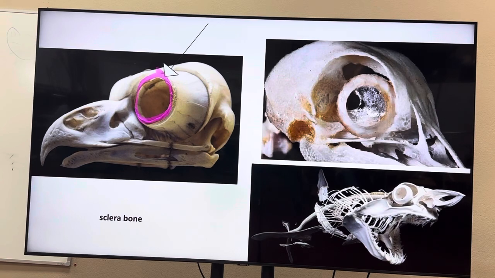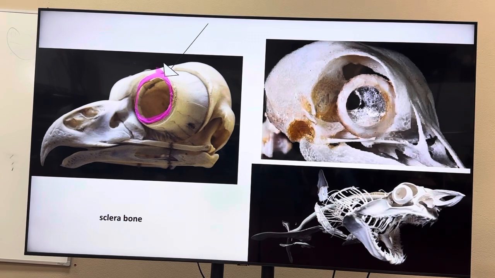So here we have a bony structure referred to as the sclera. Instead of these muscles attaching directly to the eyeball, we have the sclera bone, where the muscle attaches directly.